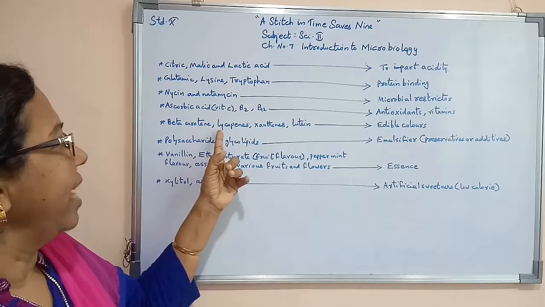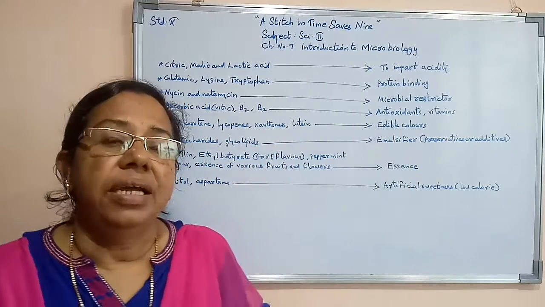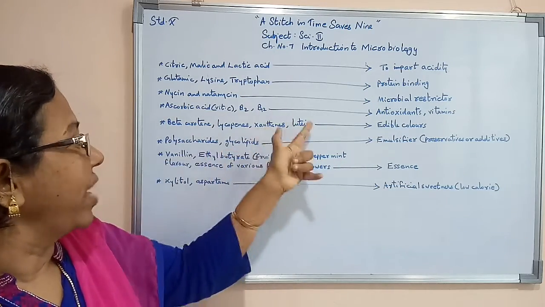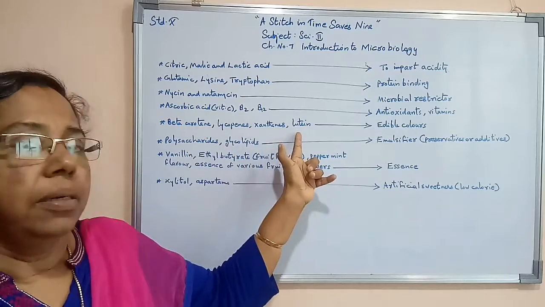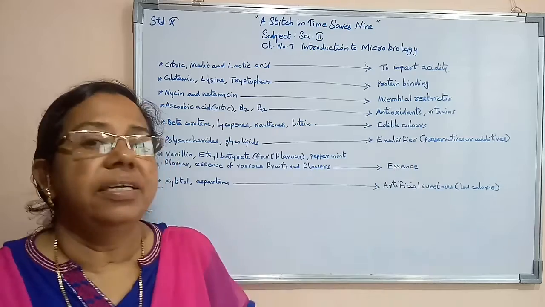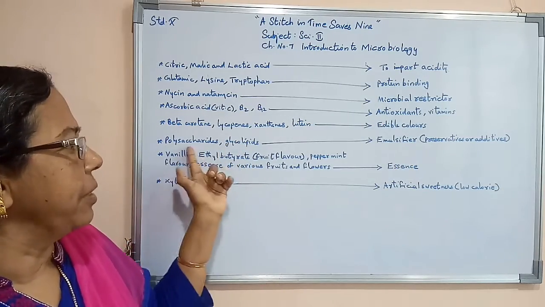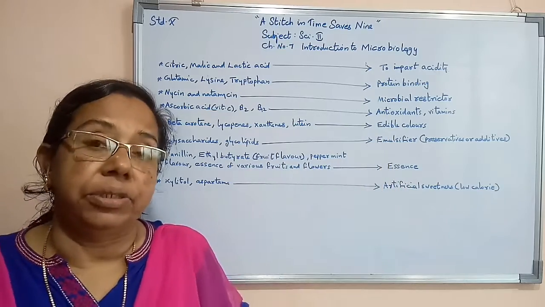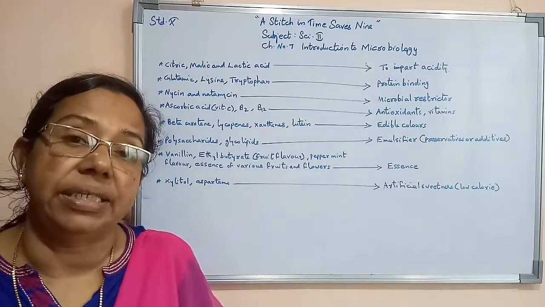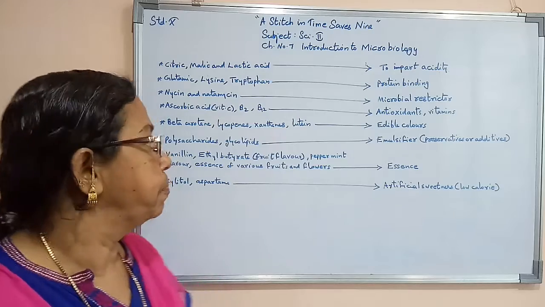Then beta carotene, lycopenes, xanthines, luteins are products produced by the microbes through microbial processing. As a result, we are getting edible colors. Now polysaccharides and glycolipids are additives, or we can say preservatives, or emulsifiers. With their help, our food material will be protected.